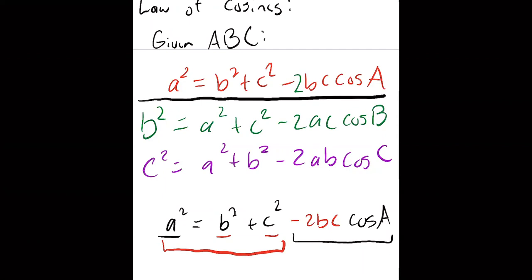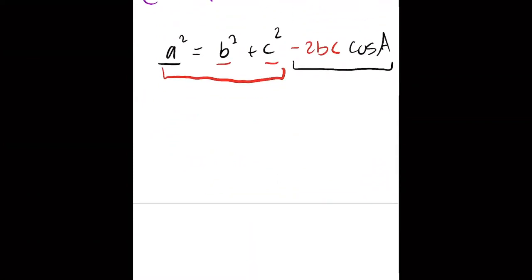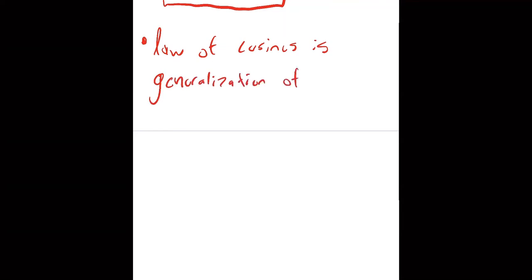So yeah, we said last class that the law of cosines is a generalization of the Pythagorean theorem. Let's go ahead and see why this is true. So let's suppose we have a right triangle.